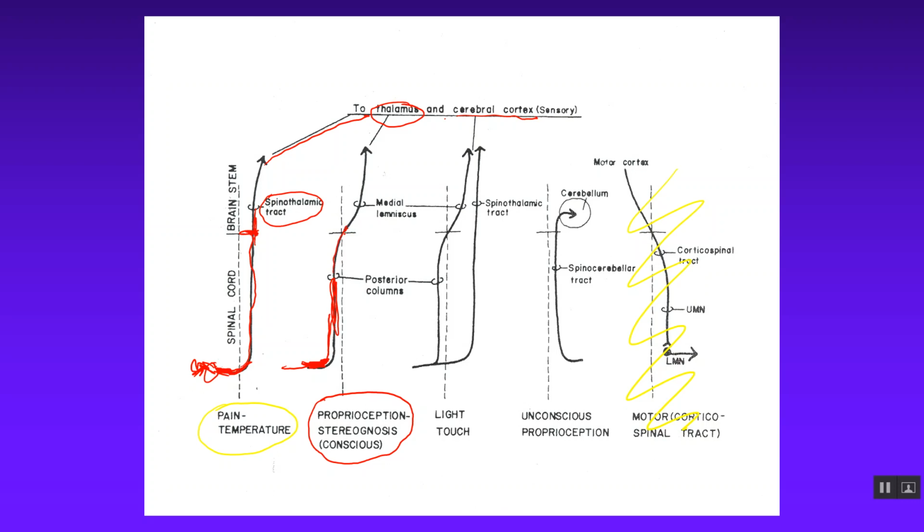Eventually it does cross over, but it waits to cross over until right at the bottom of the brainstem, right at that junction with the brainstem. It's right in the medulla that it crosses over, okay? And then it goes up to the thalamus and to the cerebral cortex. So this might be a Pacinian corpuscle or Ruffini ending or Merkel disc.